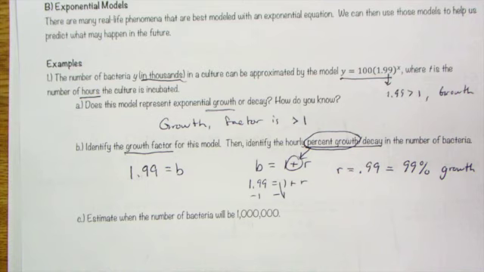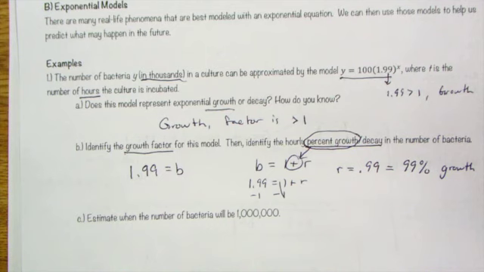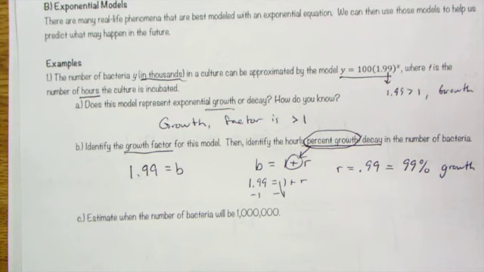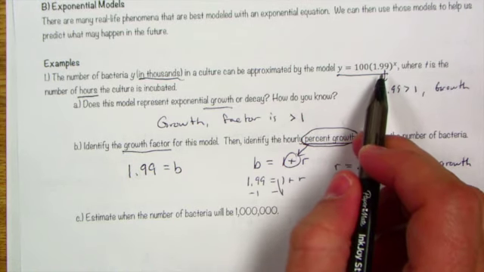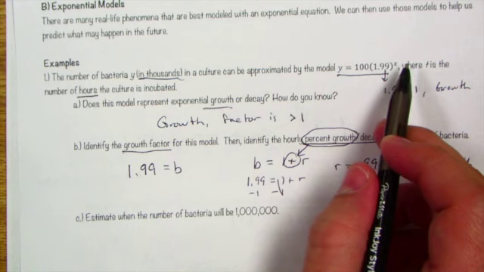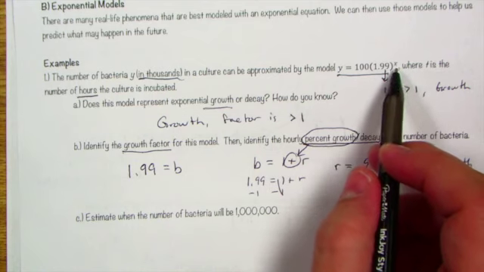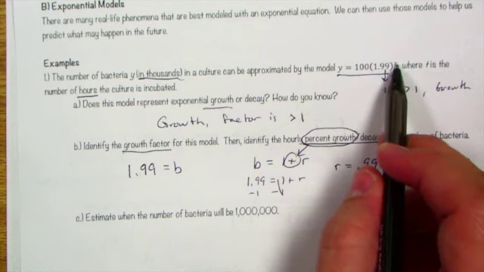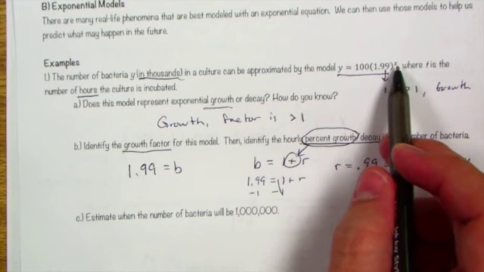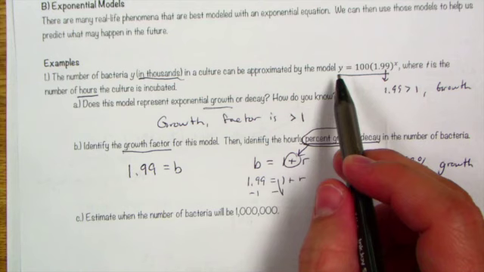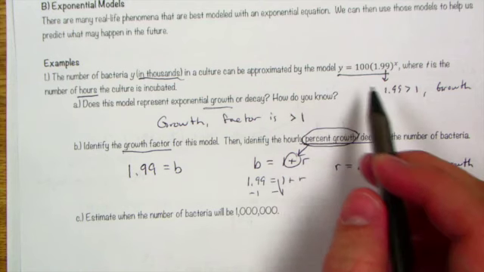And then we go to C. It says estimate when the number of bacteria will be at 1 million. So y equals 100 times 1.99 to the x power. We're trying to find x, which serves as t because in our function that's the exponent, when y is the number of bacteria.